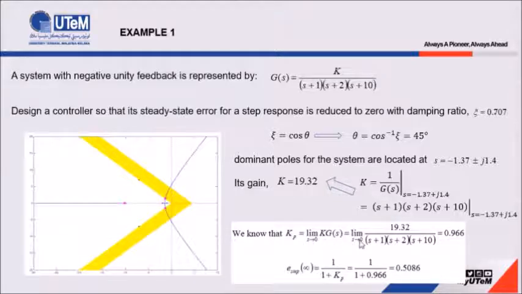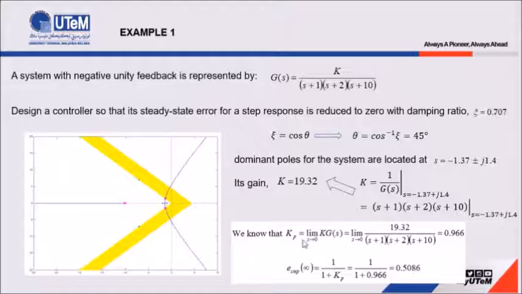So Kp is equal to the limit of 19.32, which is the value of K, divided by (s plus 1) times (s plus 2) times (s plus 10). We substitute s equal to 0 in this equation, and then we get the result equal to 0.966.